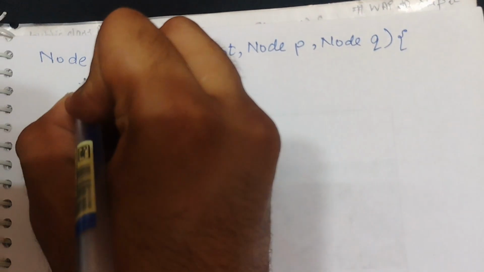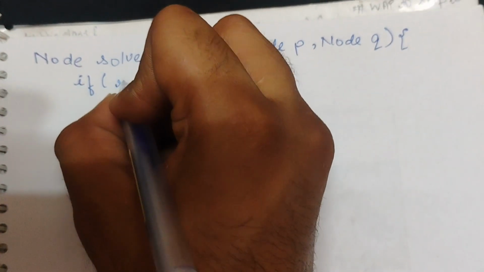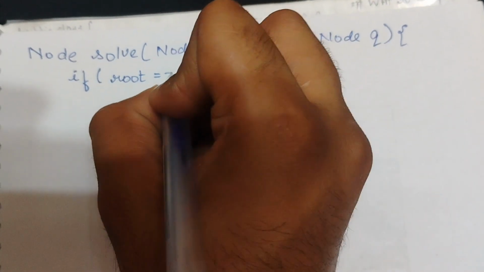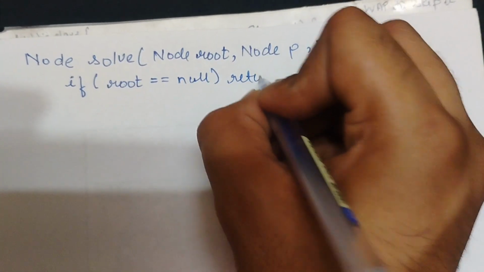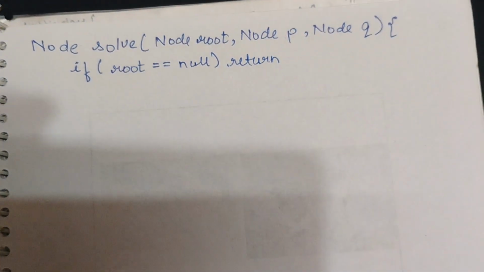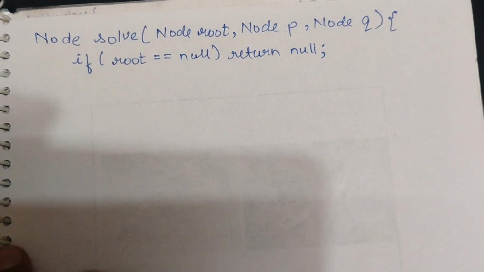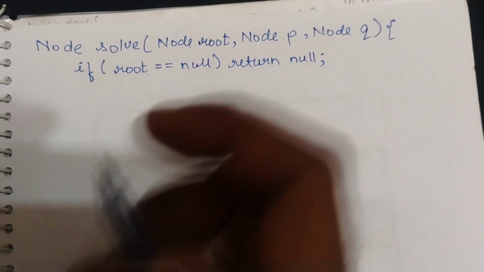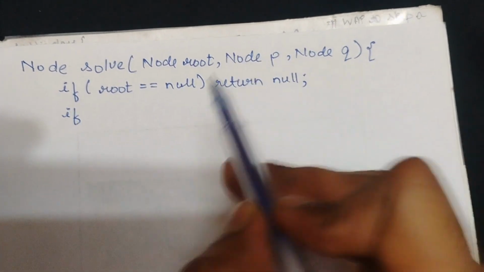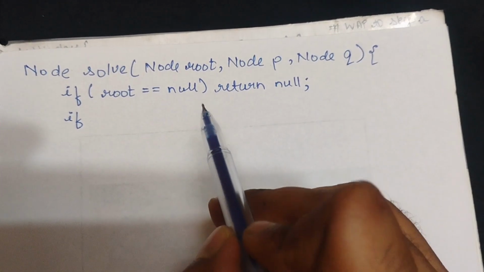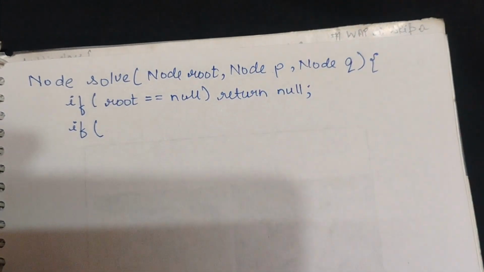Now a base case: what if the root is null, then return null, because if there is no node, they cannot exist. It is guaranteed in the question that P and Q lie in the tree.